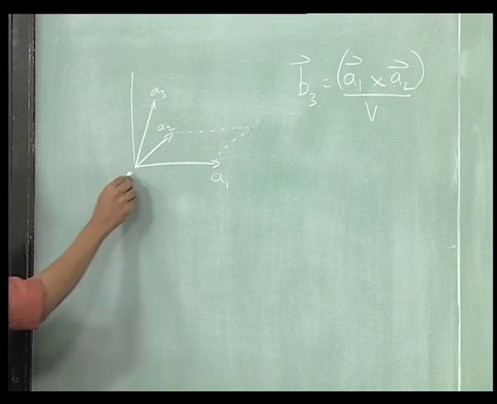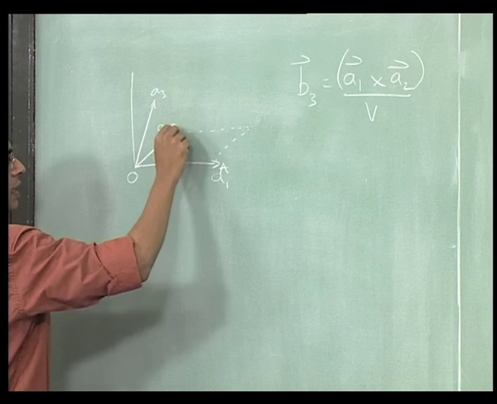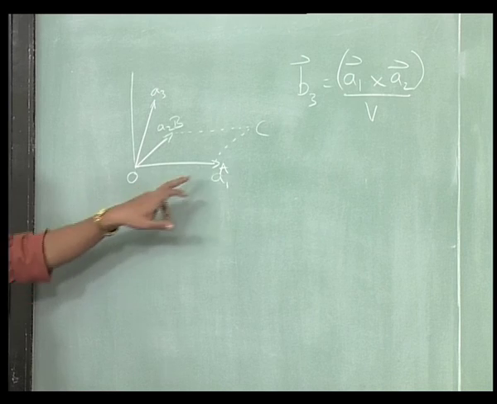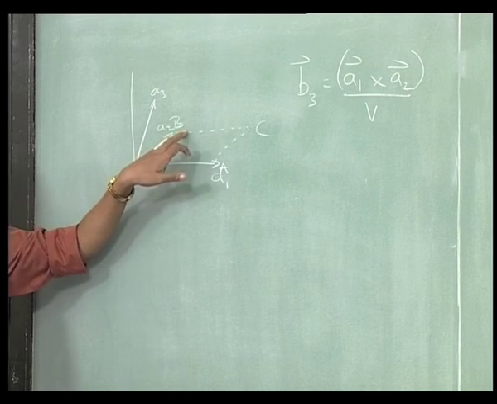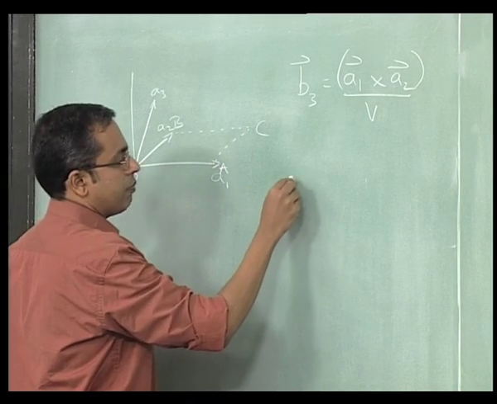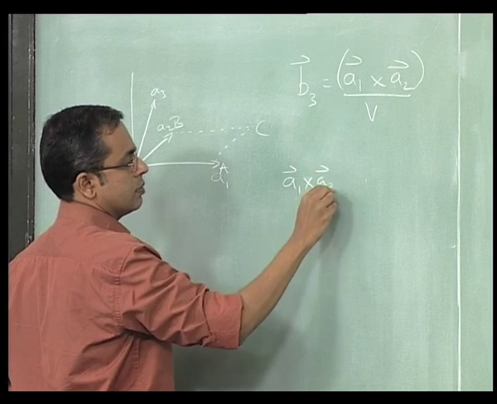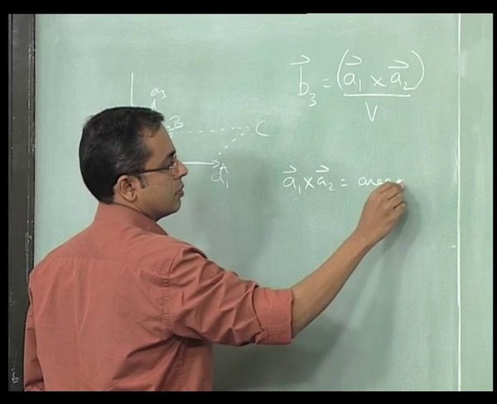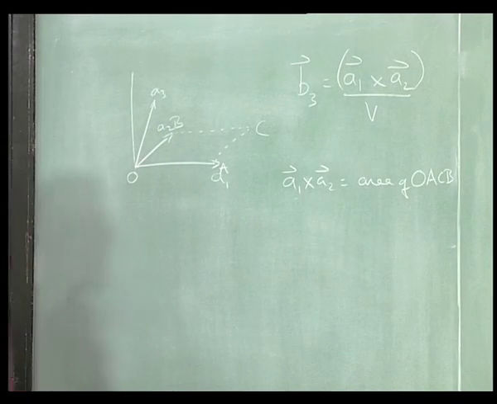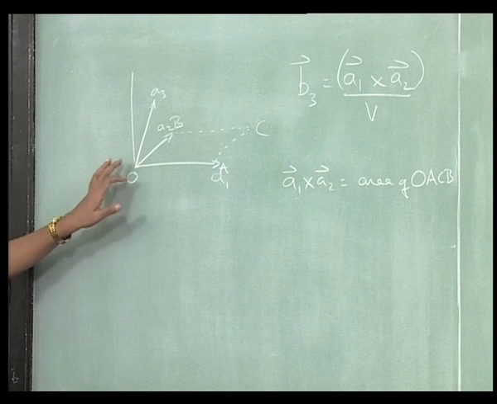If you write this as the origin O, A, let us say this is B and this is C, then the area of this parallelogram OACB is what is given by A1 cross A2.